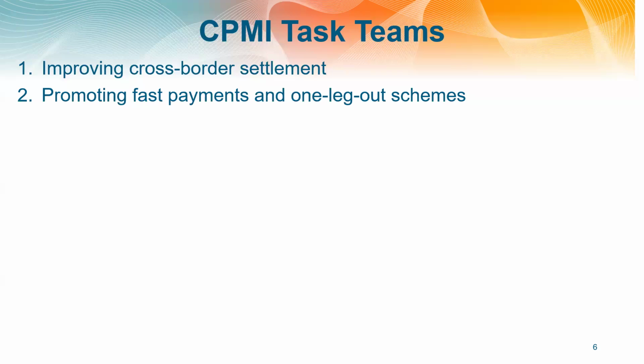Second task team: promoting fast payments and what they call one-leg-out schemes. You may have come across this; there is a one-leg-out scheme currently working that goes from Spain to, I think, North Africa.